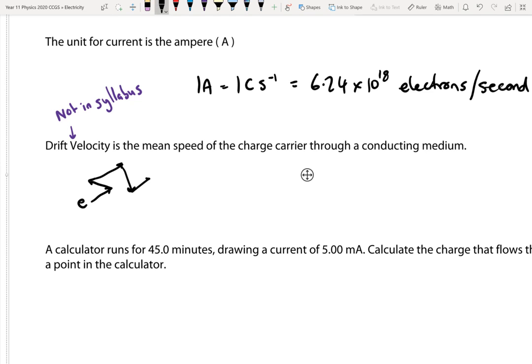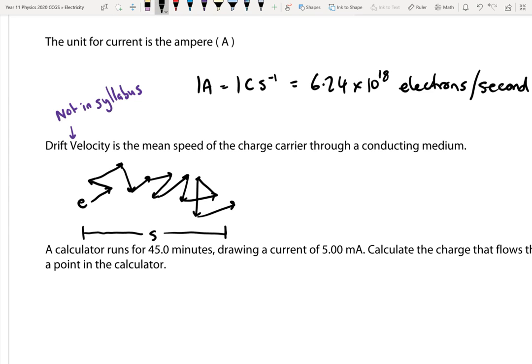It's going to be lots of collisions and backwards movement and repulsions, but over time, there is a general displacement, let's just call it S, of our electron. So yes, over time, the electrons do move forward.